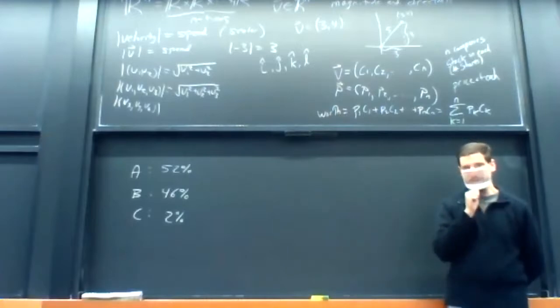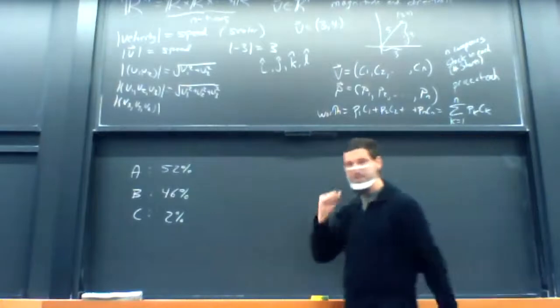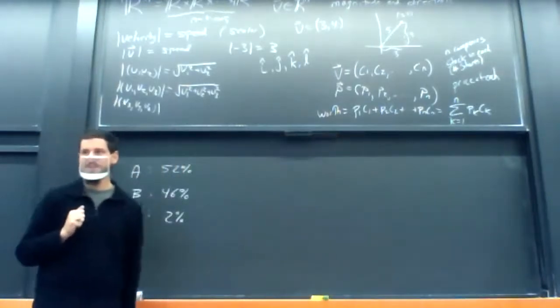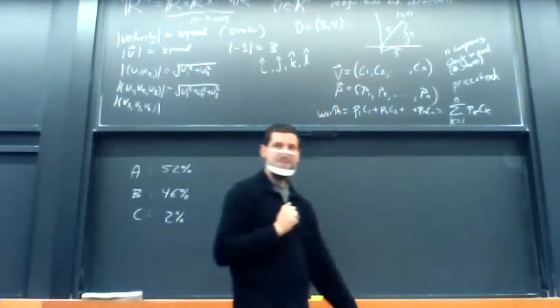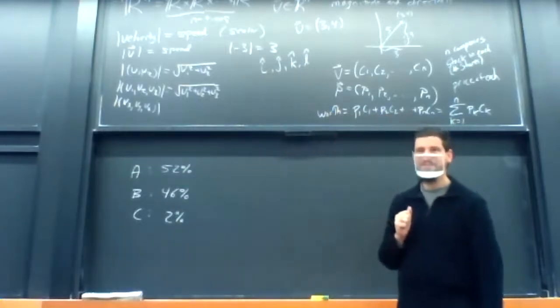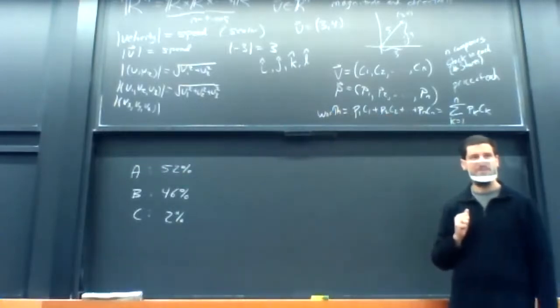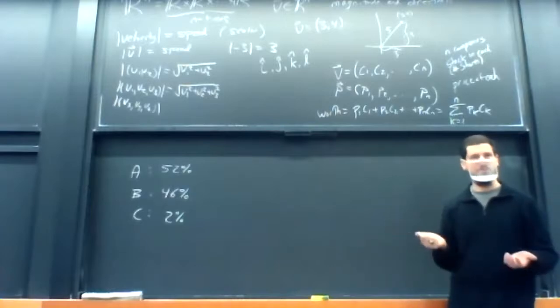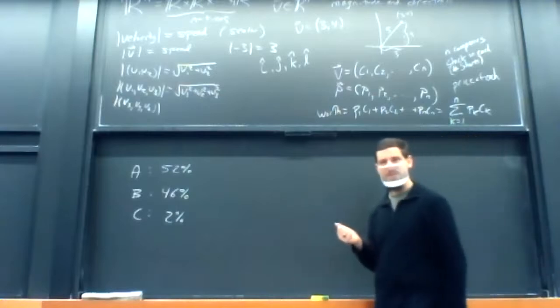How much of the company does person A own? 52%. How valuable is that 52%? Let's say the company is trying to decide how to distribute profits. What might person A suggest?